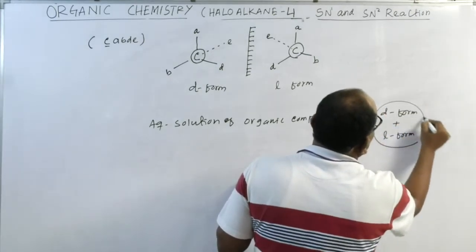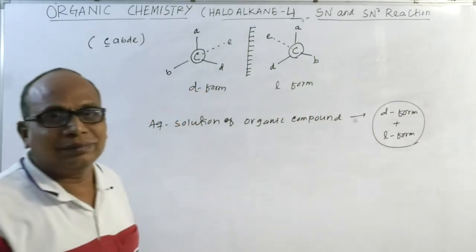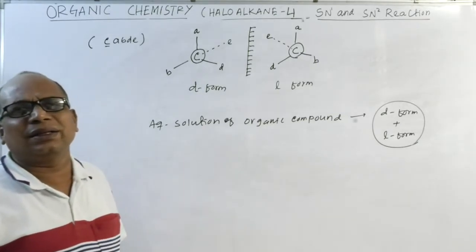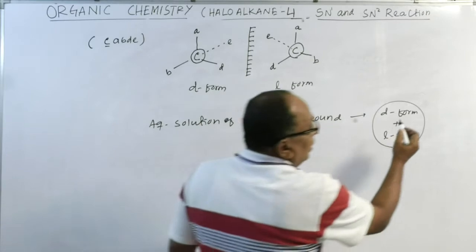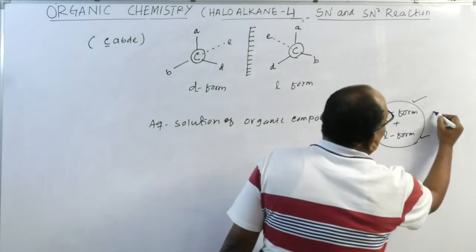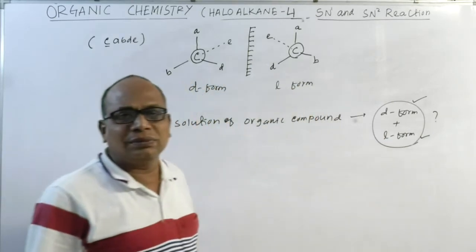Both can exist together. Will it rotate the plane polarized light? The aqueous solution which contains both the D form and L form, will it rotate the plane polarized light?